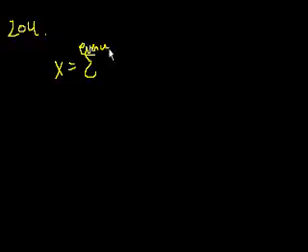Next problem. 204. If x is equal to the sum of the even integers from 40 to 60 inclusive. So x is equal to the sum of even integers from 40 to 60. This is my ad hoc notation.